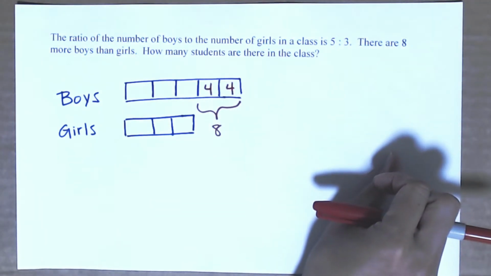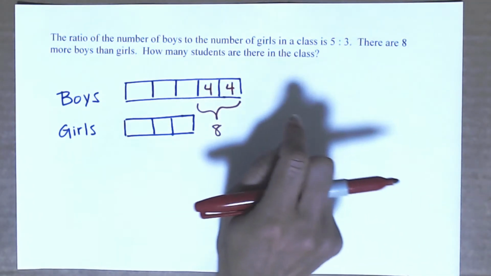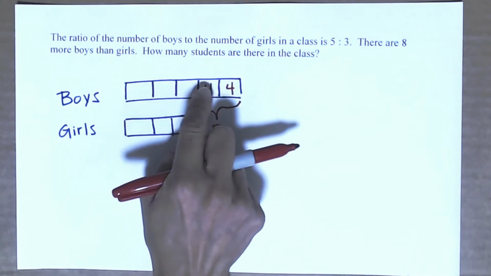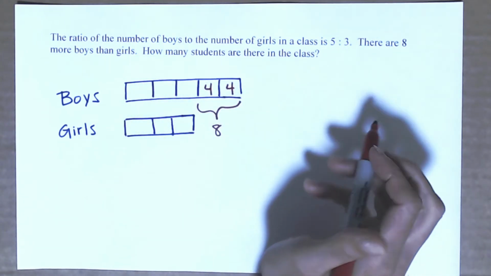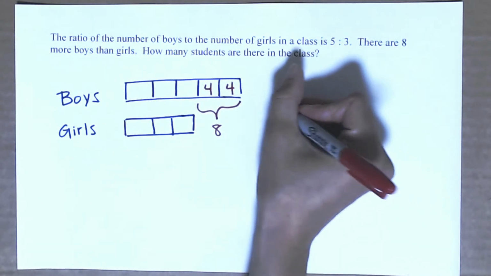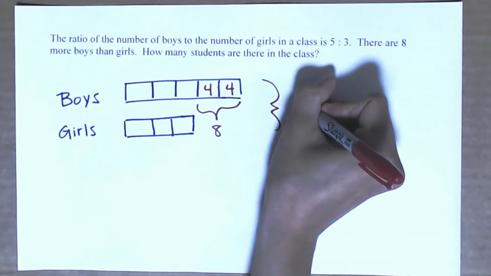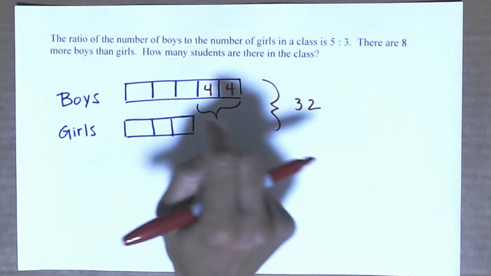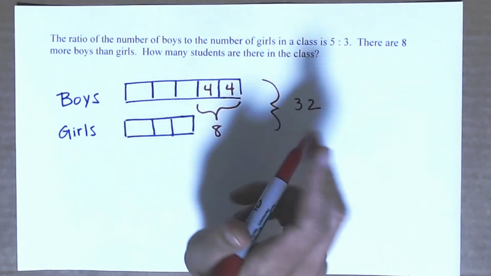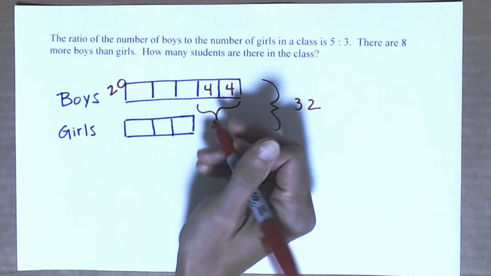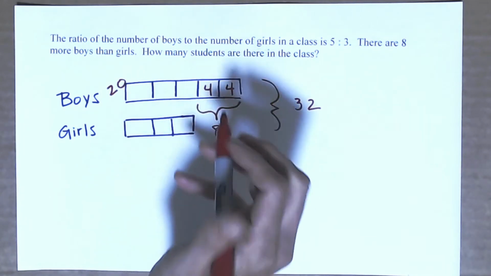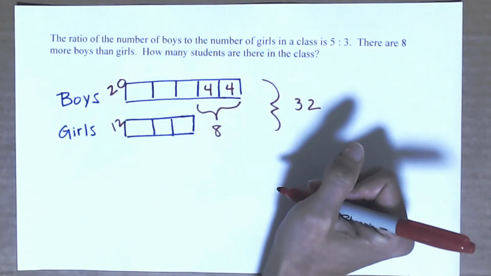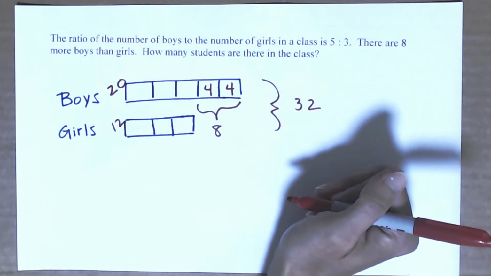The question is now, how many students are there in the class? So we have 1, 2, 3, 4, 5, 6, 7, 8 parts times 4 would be 32. Or you could say there are 4 times 5 boys, there's 20 boys, and 4 times 3 girls, 12 girls, 32 total.